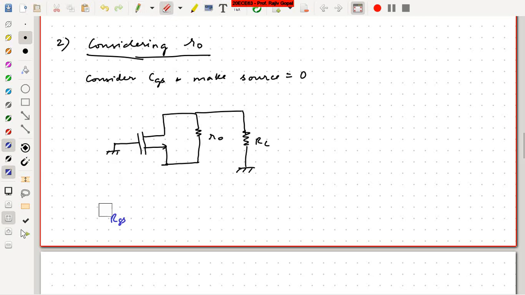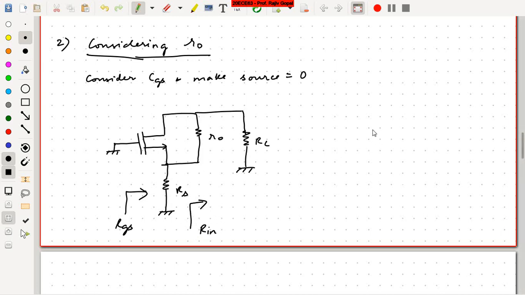So I'll slightly redraw this diagram. Not RGS, RS. Whatever impedance I see in this direction will give me RGS, and whatever impedance I see in this direction will give me RN.